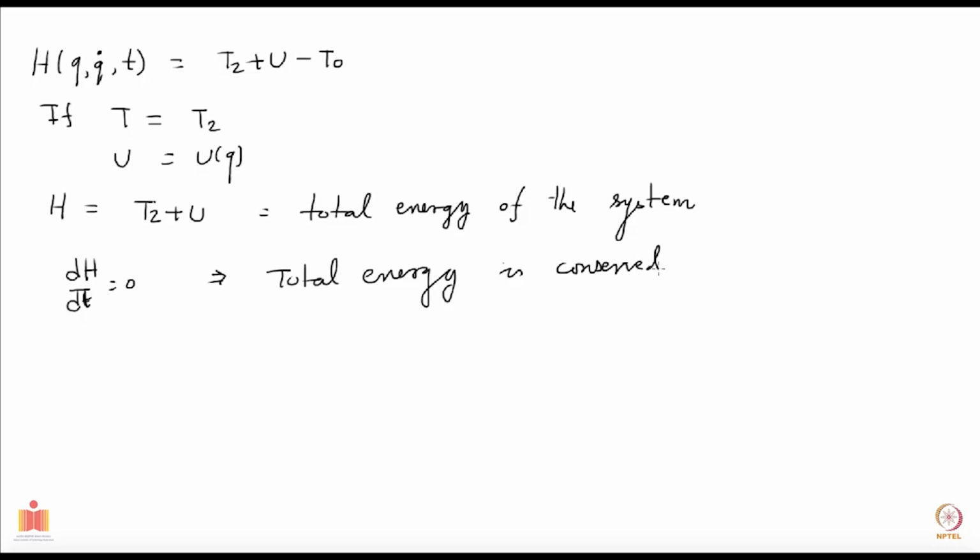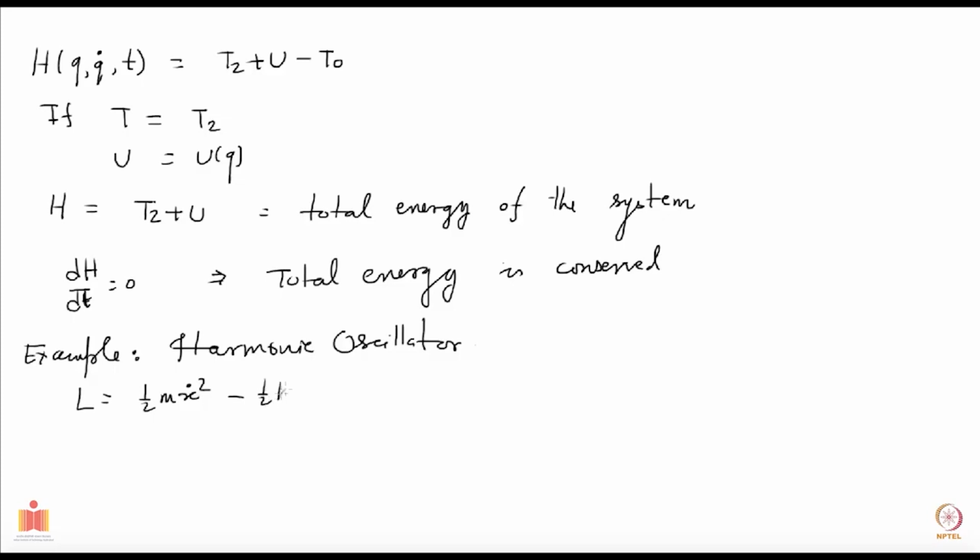Let's take a quick simple example of a harmonic oscillator. And if you recall, the Lagrangian is simply half m x dot square minus half k x square.